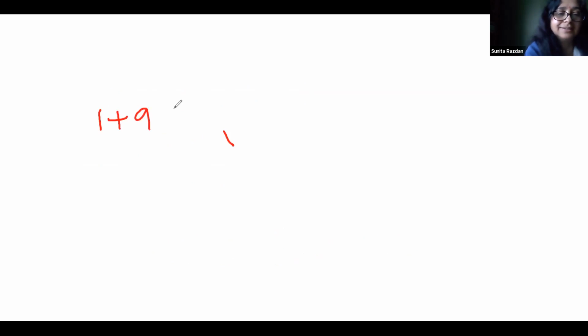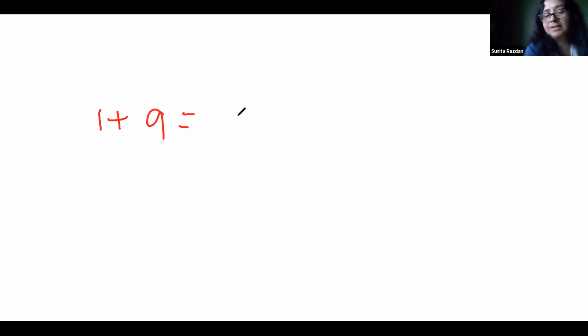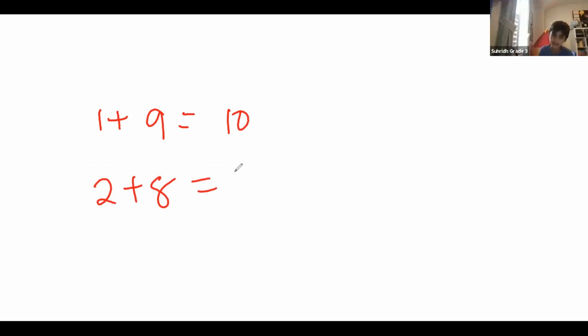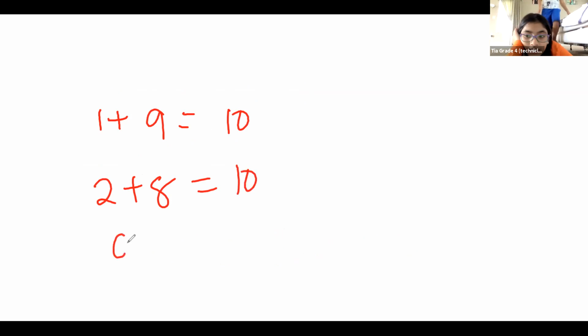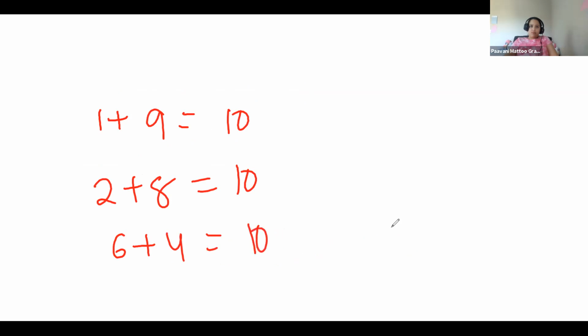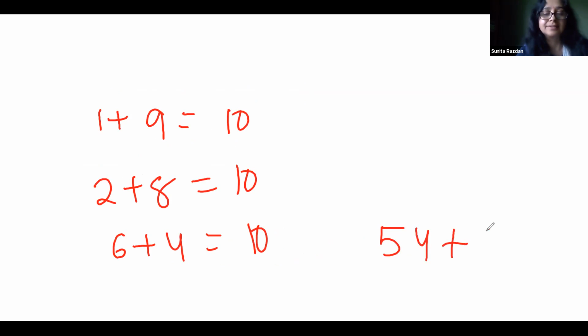1 plus 9 is equal to 10. So you will just think about 1 ones and 9 ones is 10. 2 plus 8, 10. Again, we did that, right? 6 plus 4, 10. 54 plus 6. 60.